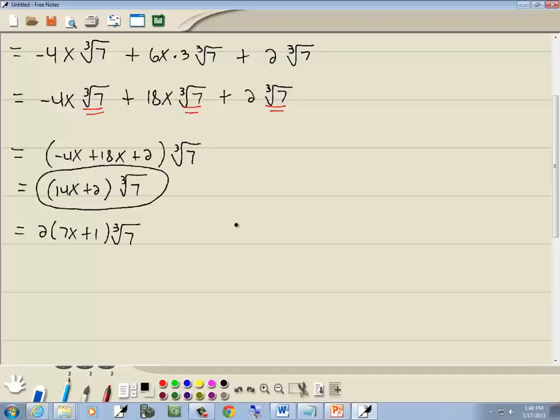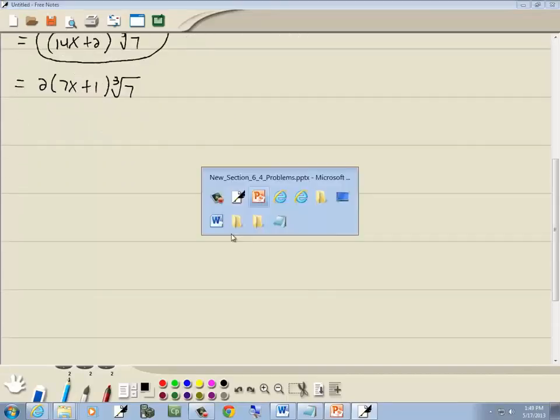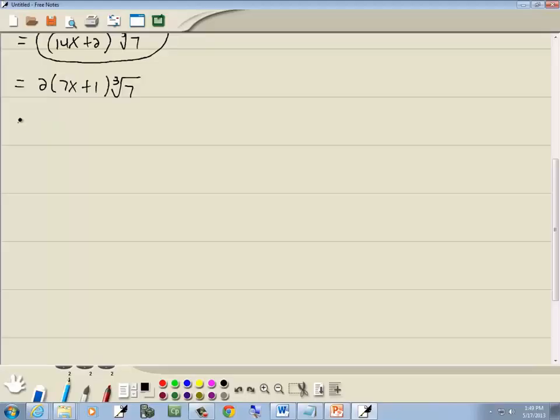Okay, let's look at this one. We've got the square root of 4x minus 4, minus the square root of 16x minus 16. Obviously these radicals aren't the same, but I notice that each has a GCF.